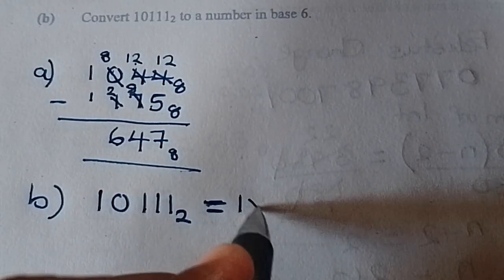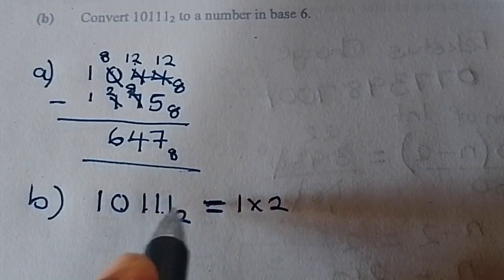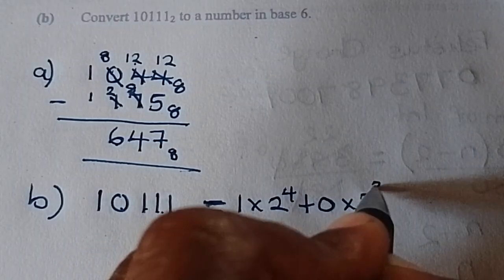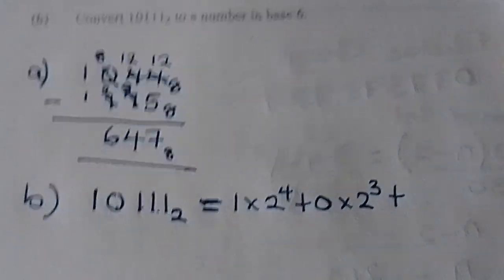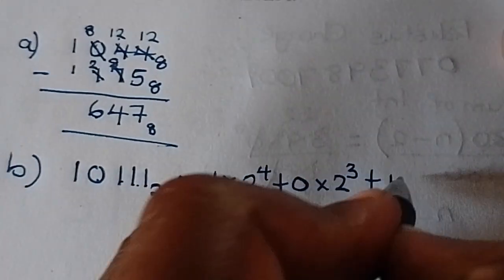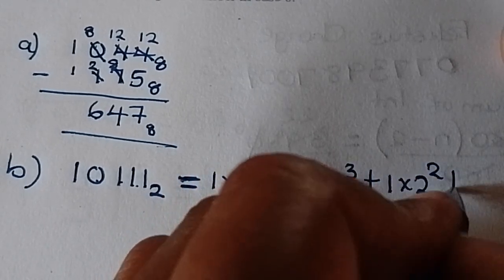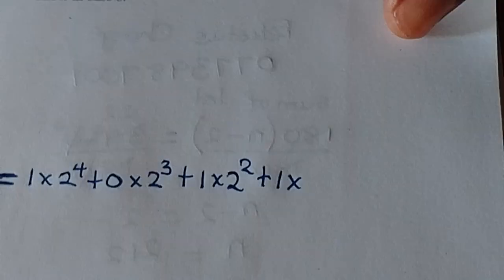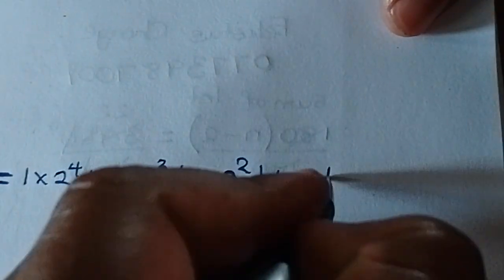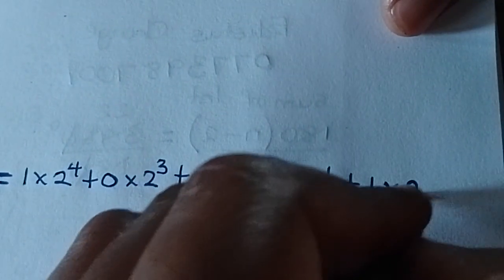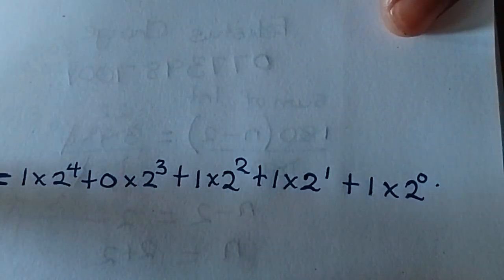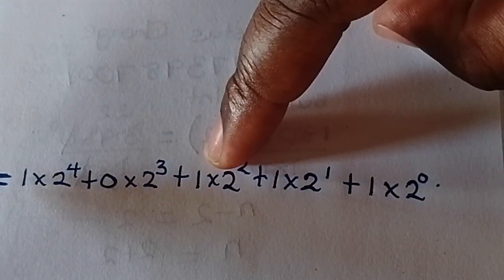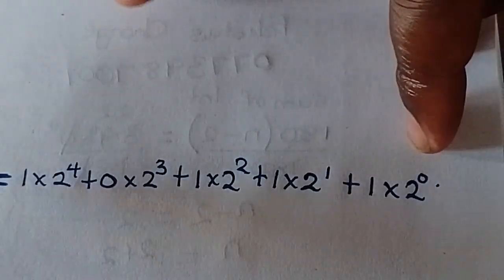So it's 1 times 2 to the power 4, plus 0 times 2 to the power 3, plus 1 times 2 to the power 2, plus 1 times 2 to the power 1, plus 1 times 2 to the power 0.